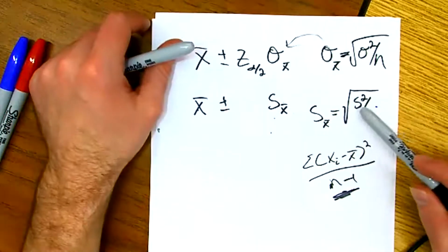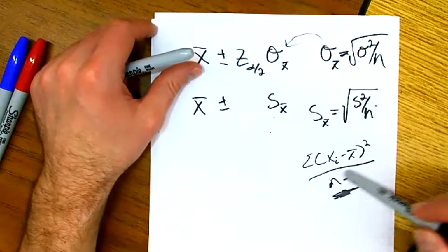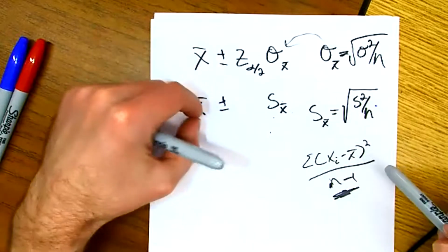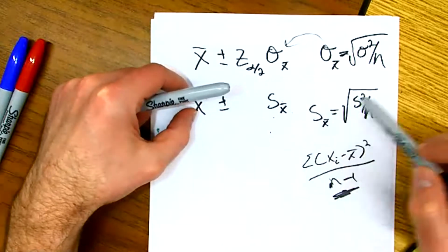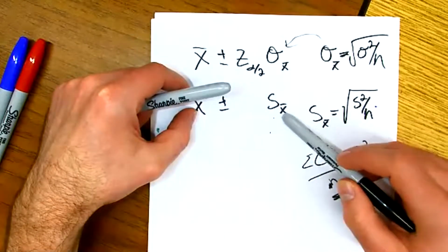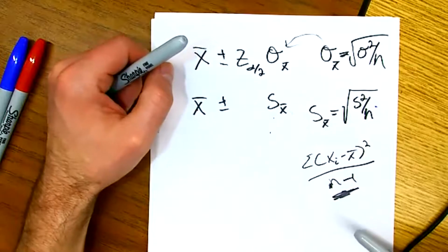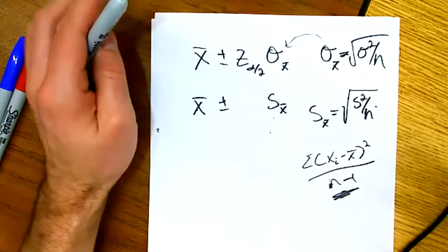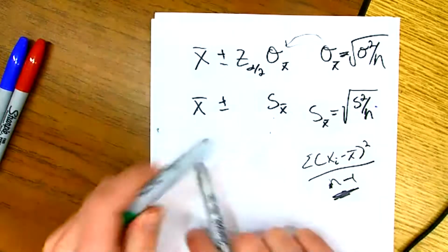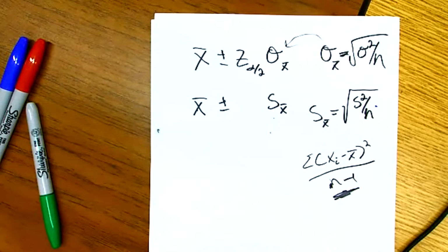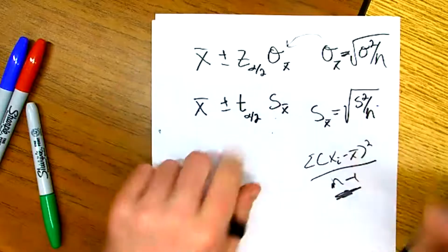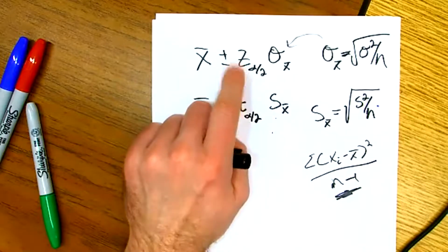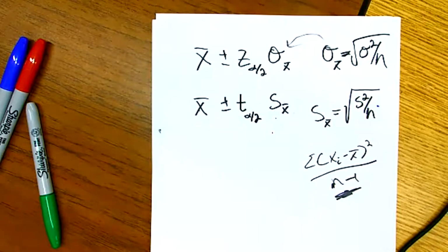So because we're using this sample variance with n minus 1, when I try to convert values into z-scores using this sample standard deviation of my sample means, it's not going to quite be a standard normal distribution. In fact, it's going to be a student t distribution, but we're still going to be looking for a t value instead of a z value that gives us alpha over 2 on each side of our confidence interval.